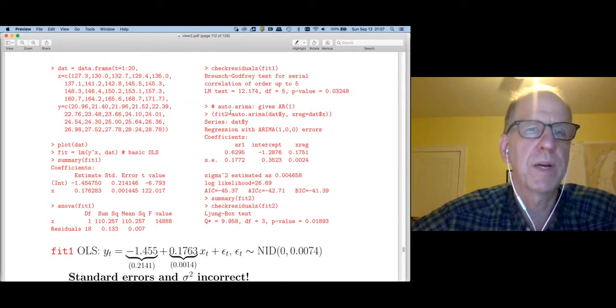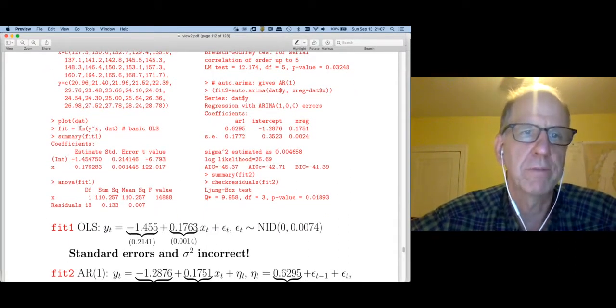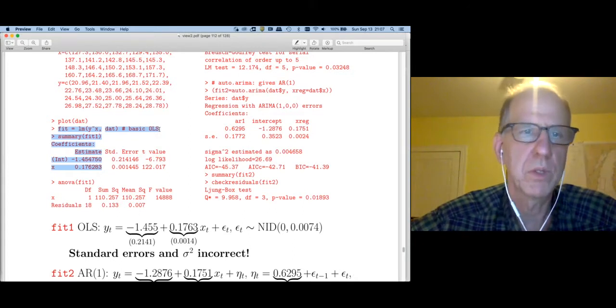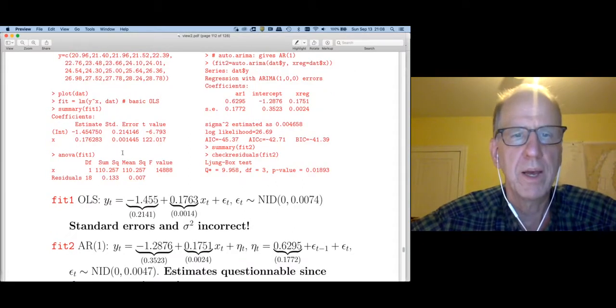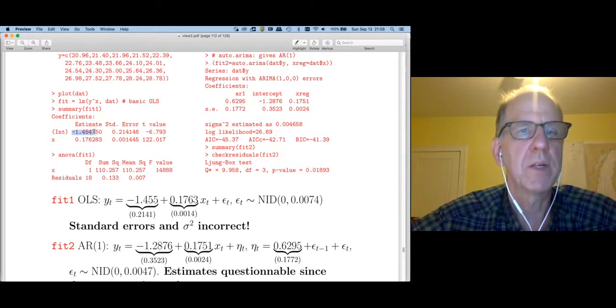Let's go back to the course packet, and I'm going to fit a linear regression. The reason I'm going to do this is to show you that there are problems when we use linear regression. Here is my linear regression output, and I'm going to state an estimated regression equation just as we did on the previous slide. So my intercept is minus 0.455.